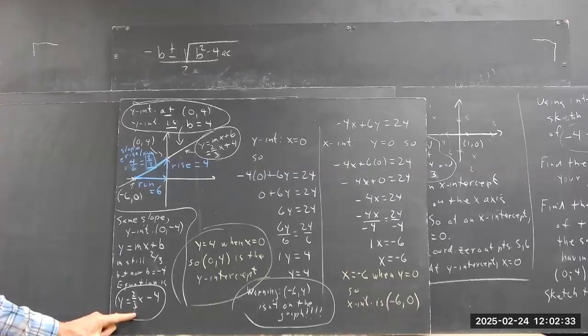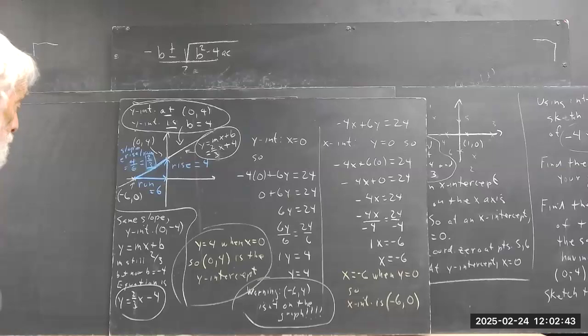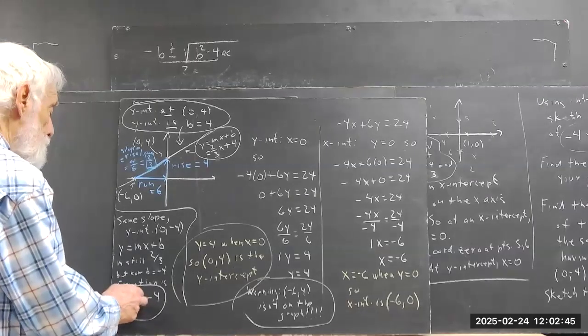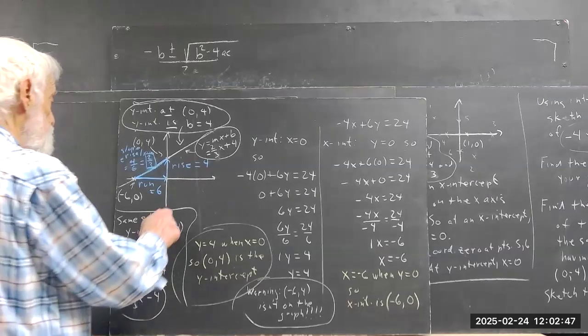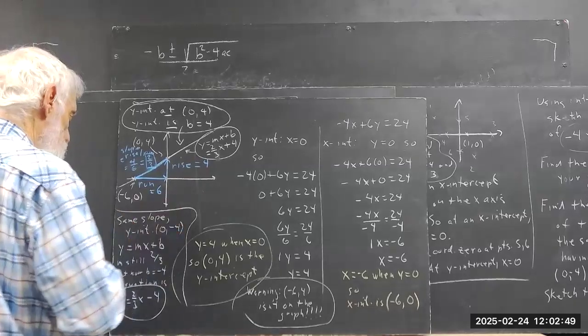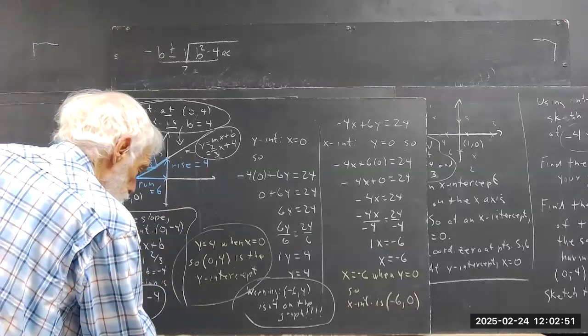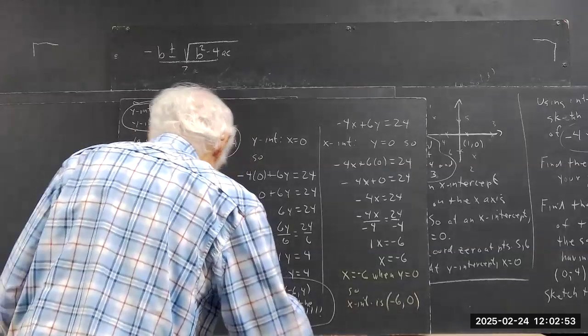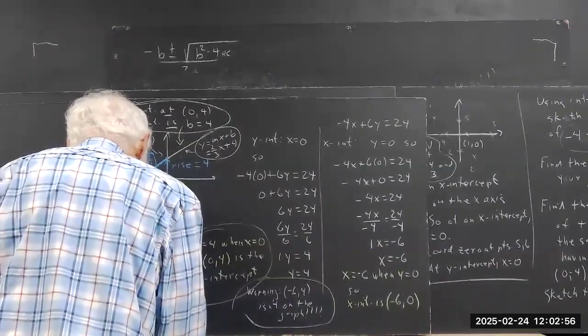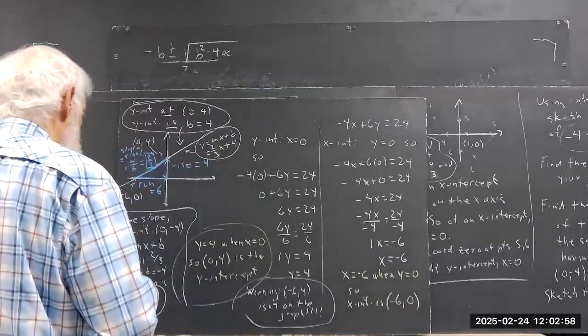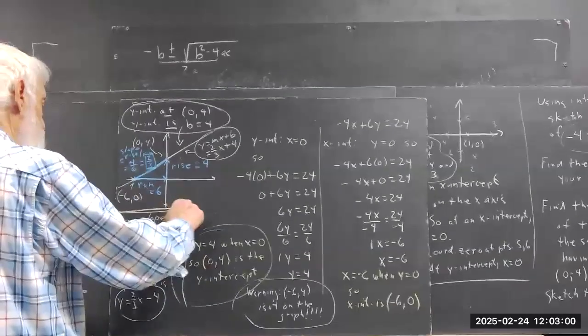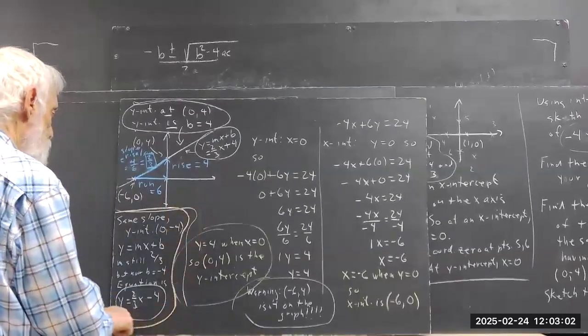Now, can you graph this? How do you graph this? Well, you have seen how to graph a line given its equation. Okay, I've seen people do it. The y-intercept is at -4. Now I'm gonna circle this with orange.